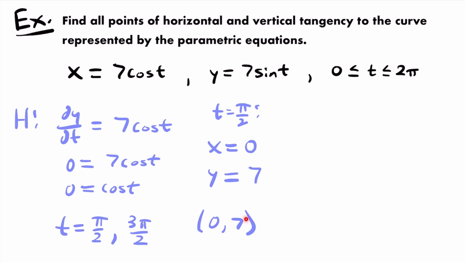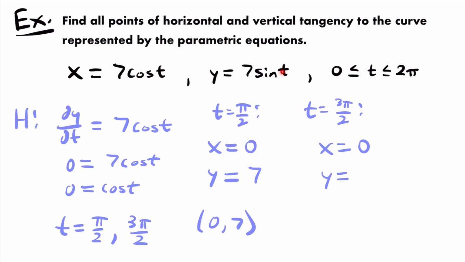All right, so that was one of our points for when t equals pi divided by 2, but now we need to check our other value of t, which is 3 pi divided by 2, to get our other point. So when t equals 3 pi divided by 2, x will be equal to 7 times cosine of 3 pi divided by 2, but cosine of 3 pi divided by 2 is 0, so x equals 0, and then y will be equal to 7 times sine of 3 pi divided by 2.